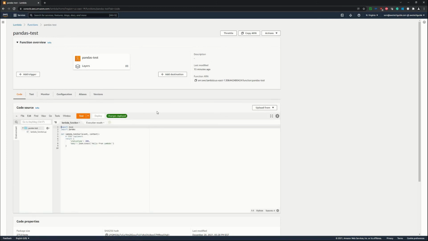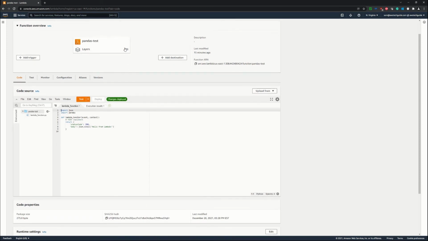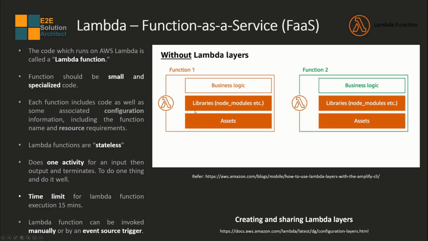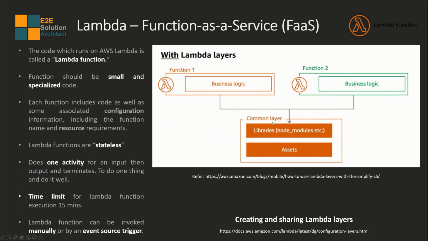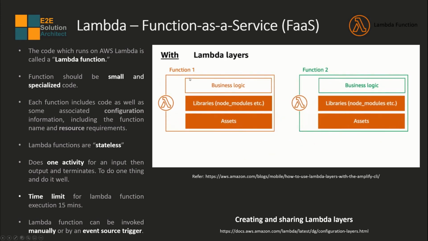Now scroll down, because you see this pandas test has no layers attached. So here is this option that we have to attach the layers we have created. Let me show you this diagram once more. You see this function 1 and function 2, and with layers, when we have a common layer or a separate layer, you can add this layer to multiple Lambda functions.